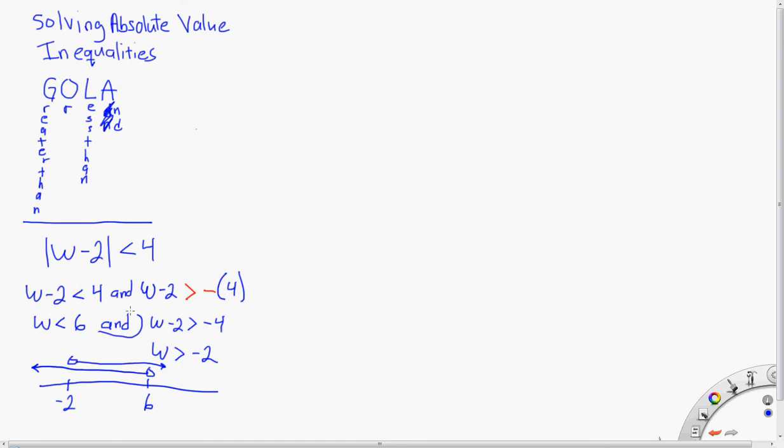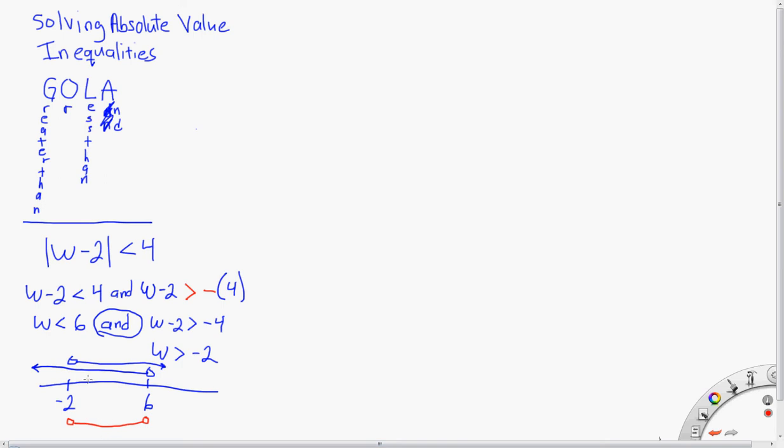Since we're using the word and, both of these have to be true. So the only way both of these are true is if we go from negative 2 up to 6, open circle, right there. All of those are part of both solution sets.